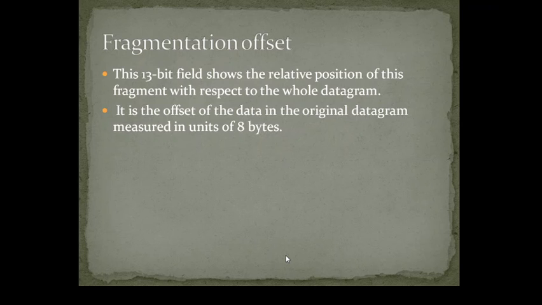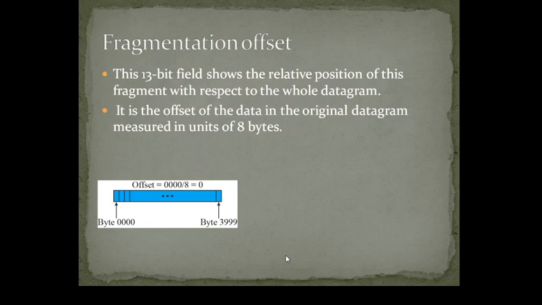So maybe your data starts from 0 to something like 3999, and you are dividing it into 8 bytes each or something. In that case, you will have a particular offset. Offset will tell you the starting address of the particular fragment, right? So it is a unit of 8, which means we are dividing it into 8 bytes, but the chunk will be multiples of 8 bytes. That is what you have to understand.